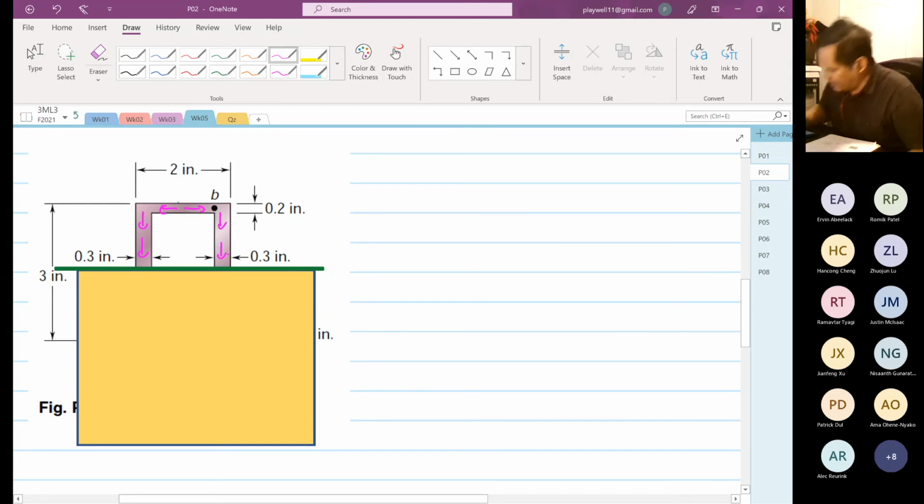And then we have a terminal, and then you have Q going to one side. You have the other Q going to the other side from one terminal.